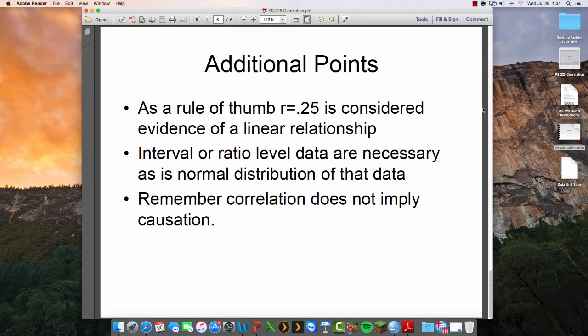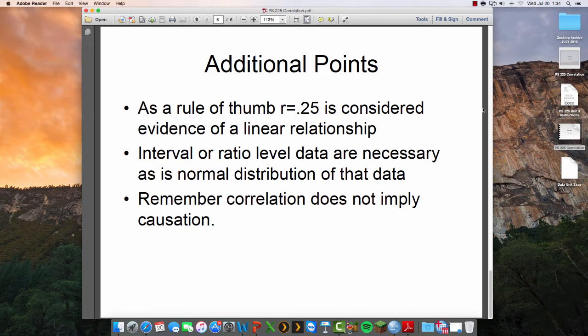So, some additional points to keep in mind. As a rule of thumb, an R of 0.25 is considered evidence of a linear relationship. It's desirable to have interval or ratio level data, as we also like to have normal distribution of that data. For our purposes, the variables I've given you in the data set are all ratio level and normally distributed, so you don't have to worry about that.